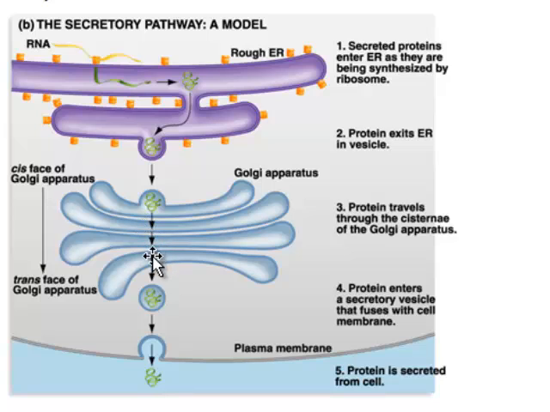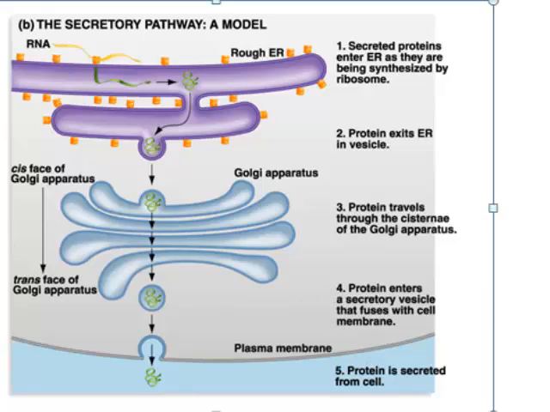It fuses with it and then releases another vesicle on the trans face of the Golgi. Then it travels towards the plasma membrane and fuses again with the plasma membrane and releases its contents to the extracellular space. I strongly encourage that you read these notes on the side.